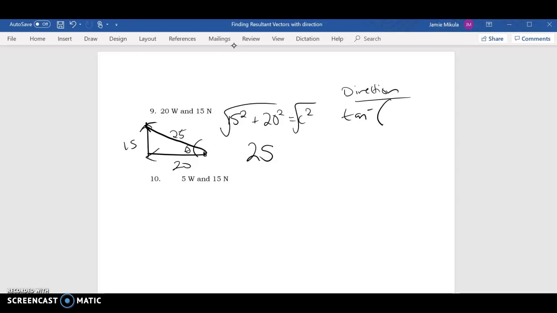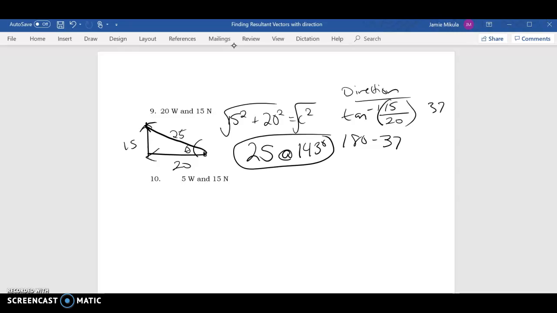So you're going to do tan to the negative 1. Opposite is 15, adjacent is 20. So tan negative 1, 15 divided by 20 equals, all right, I'm getting 37. That's not the final answer. You do 180 minus 37 because you're in that second quadrant. So 180 minus 37 is 143. So your final answer will be 25 units at 143 degrees.